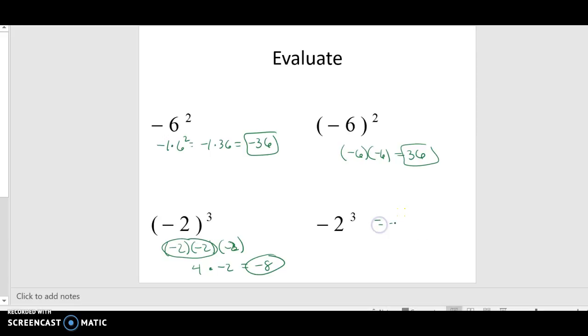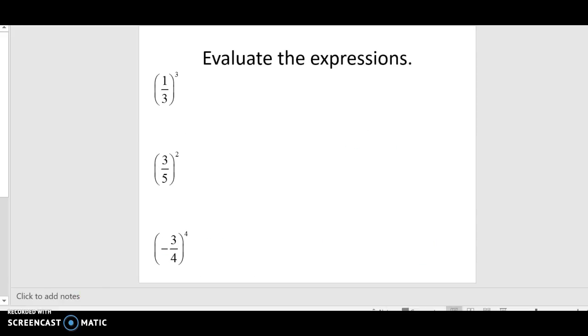Then the last one, read this as negative 1 times 2 times 2 times 2, which would give you negative 8. So there's two things that make a difference on your signs: one, what power you're being raised to, and two, where the negative is, inside or outside the parentheses.